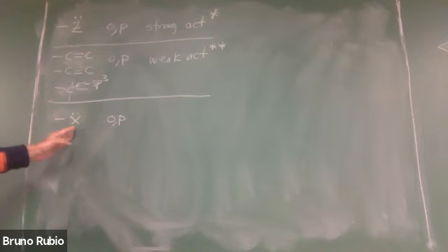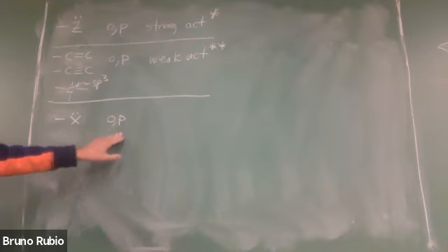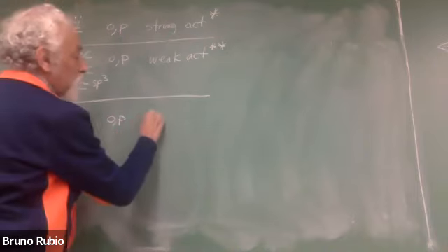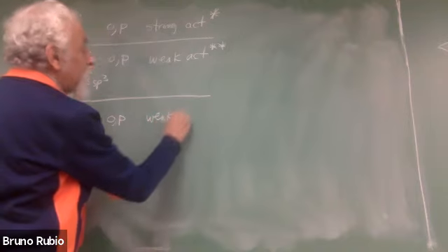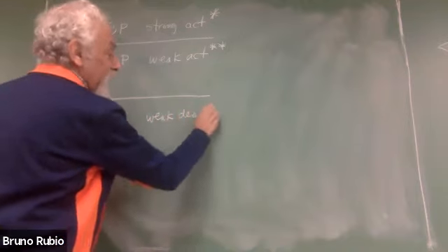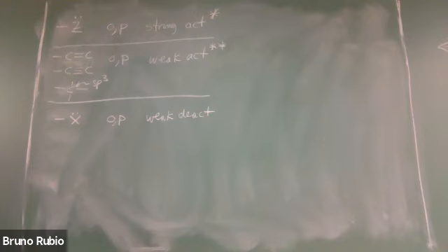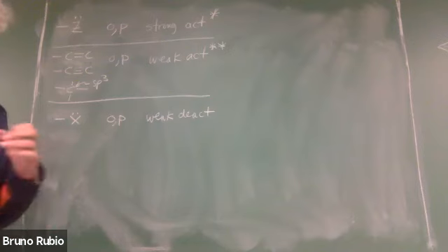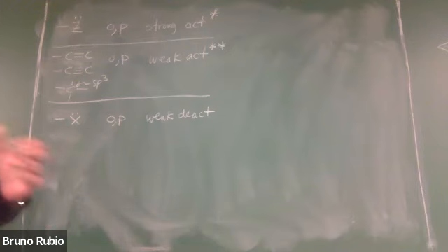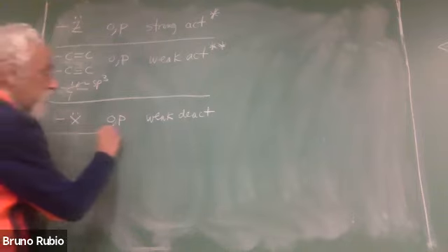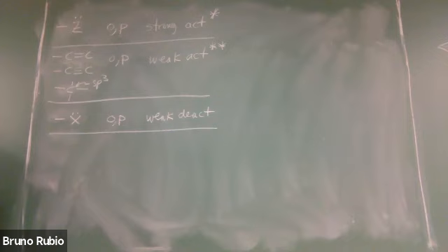So it's going to be an ortho-para director, but now it's going to be called a weak deactivator. It slows the reaction down because the highly electronegative halogen is sucking electrons away from benzene. And in aromatic substitution, the benzene ring is the nucleophile. So that's our next little category here.